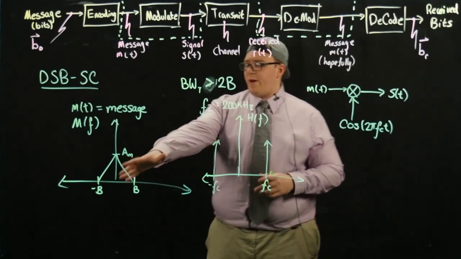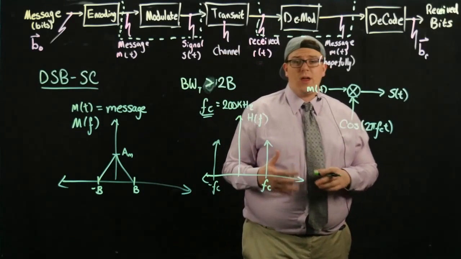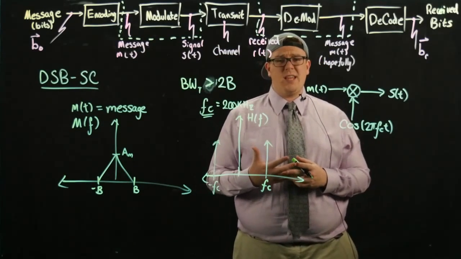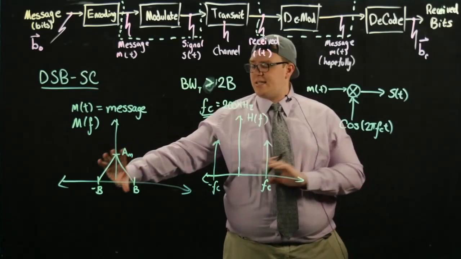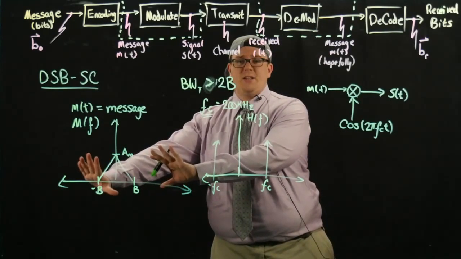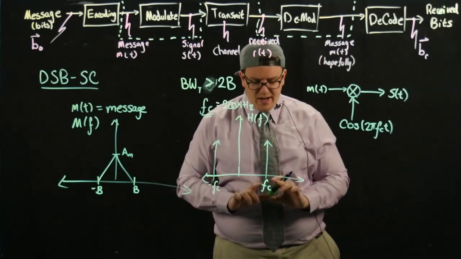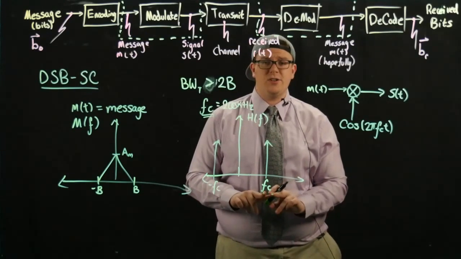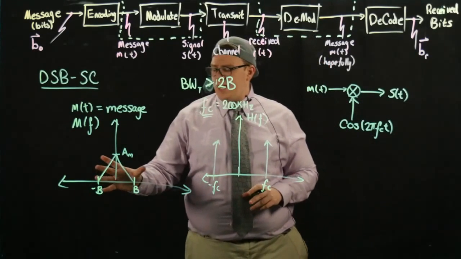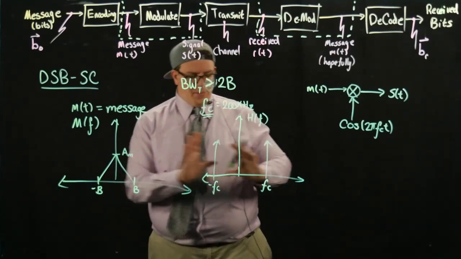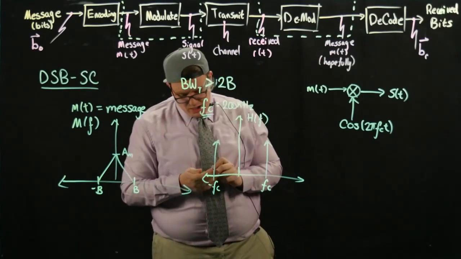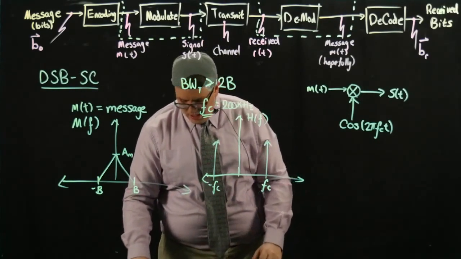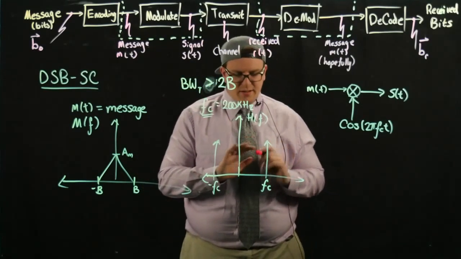If we convolve any function with a delta function, it just takes this message and shifts it to be centered at the delta function. So we pick up this entire thing and move it onto the delta function.